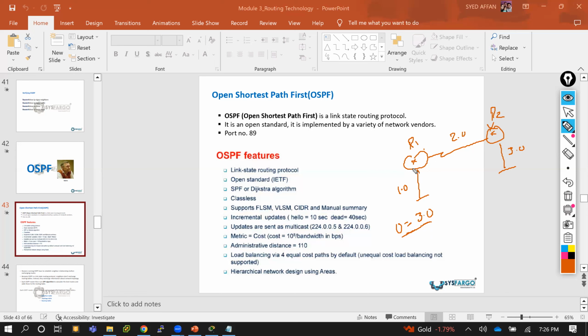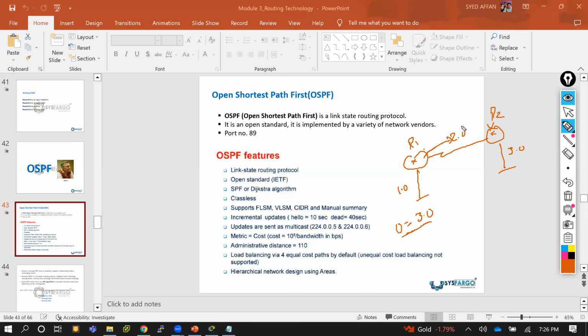The traffic hits router 1, which checks the routing table. Yes, I know the 3.0 network via the OSPF protocol, so it sends the traffic from router 1 to router 2. But router 2 is down, so it's not possible to communicate. What happens? The packet drops. But router 1 is unnecessarily processing the traffic. That's the reason.